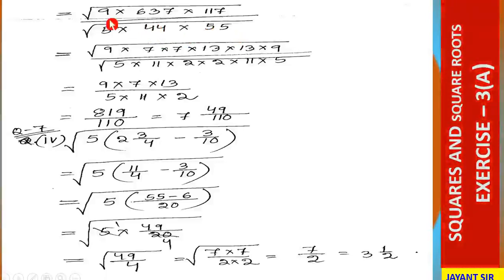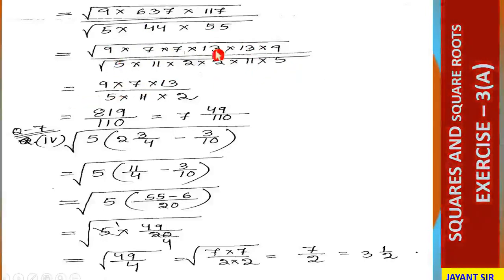Now we can write: 9 is there, then 637 can be written as 7 into 7 into 13, then 117 can be written as 13 into 9, whole divided by 5 into 44, which can be written as 11 into 2 into 2, into 55, which can be written as 11 into 5.